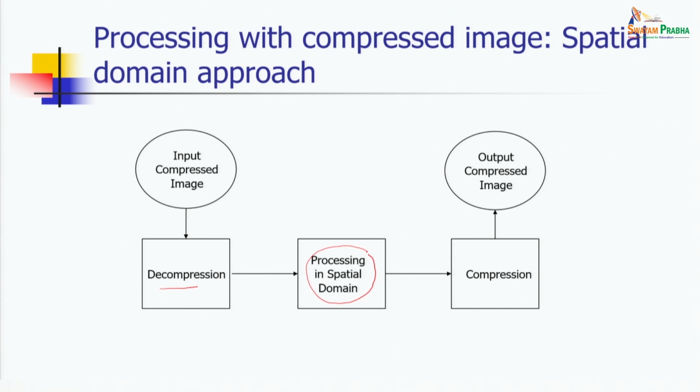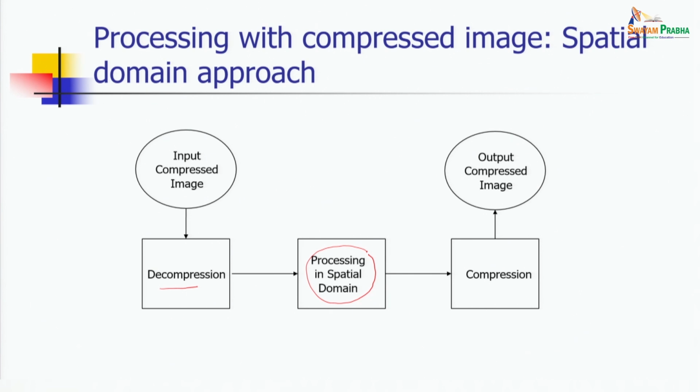But the fact is that these processed images, you again need to store in the compressed format. So consider the practical scenario. If you see mobile phones, when you capture an image, the image is stored in the compressed format because you have limitations on storage.